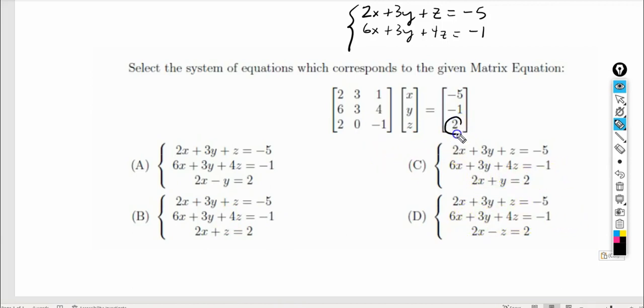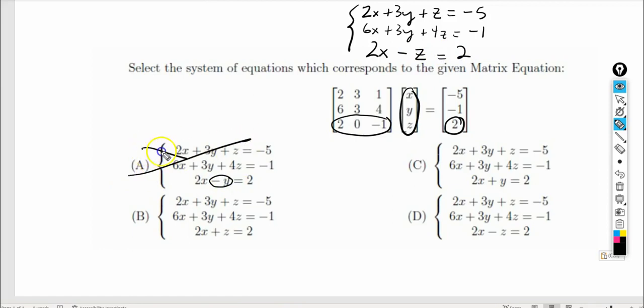Now, where does this live? Row 3, column 1. Row 3 times column 1. I'm going to get 2 times x plus 0 times y, so I'm not going to write anything, minus 1 times z equals 2. Okay, this one is not correct.